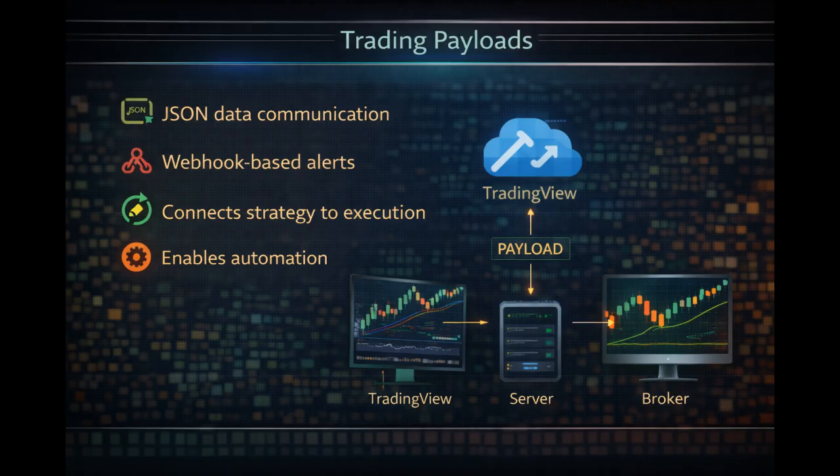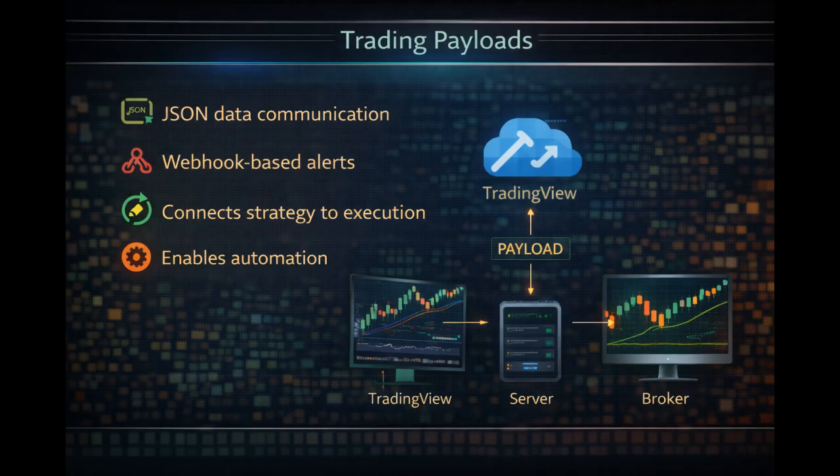Flexible integration. Payloads can be integrated with various trading platforms, APIs, and automation tools. Scalability. The same payload system can support multiple trading strategies and multiple assets. For example, a single webhook server may receive signals for BTC, ETH, and other assets simultaneously.